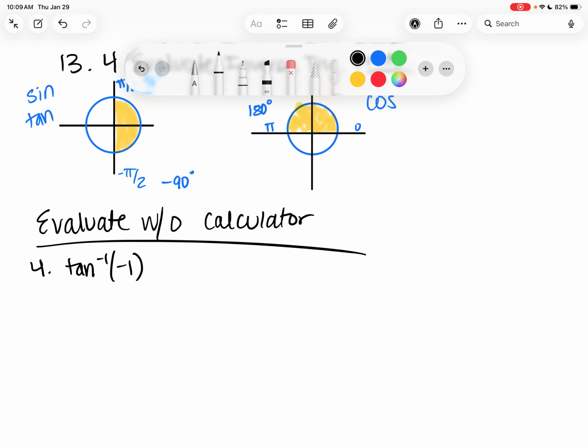So on your unit circle, you're looking for where tangent is equal to negative 1. It happens at 3 pi over 4 and at 7 pi over 4. But tangent only occurs on the right side, so I'm ignoring this side over here altogether. So 7 pi over 4. But it has to be from minus pi over 2 to positive pi over 2, so I have to count backwards. So this is actually minus pi over 4.